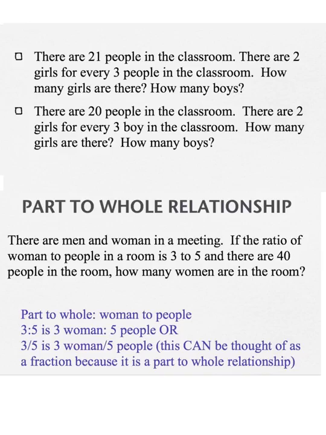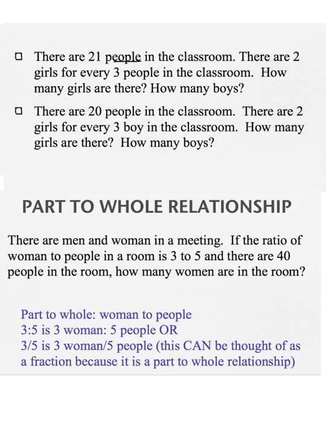The two problems that are up at the top, we're going to look at these at the end of the video as well. There are 21 people in the classroom. There are 2 girls for every 3 people in the classroom. How many girls are there? How many boys? So when you're looking at a problem like this, it helps if you either do some color coding or do a little bit of labeling.